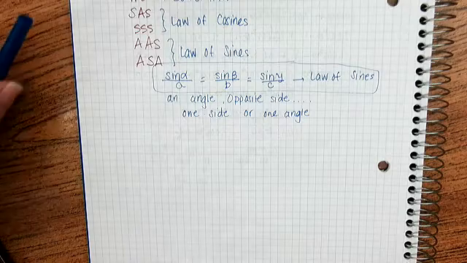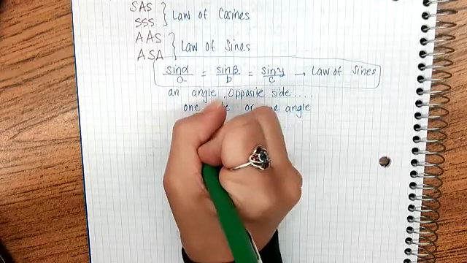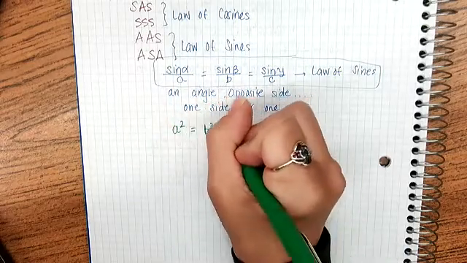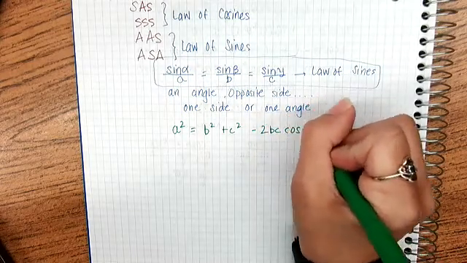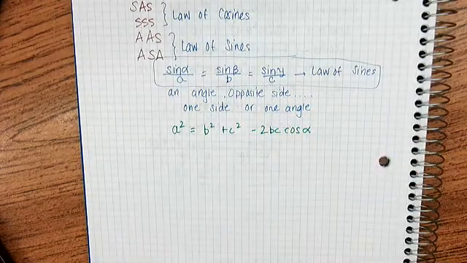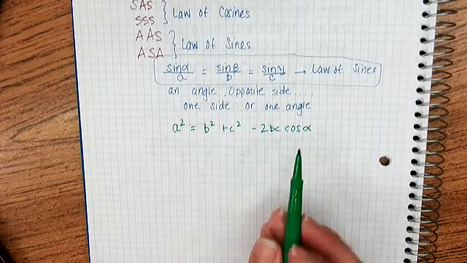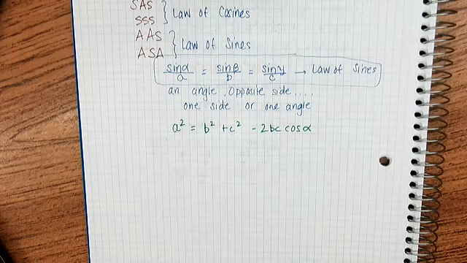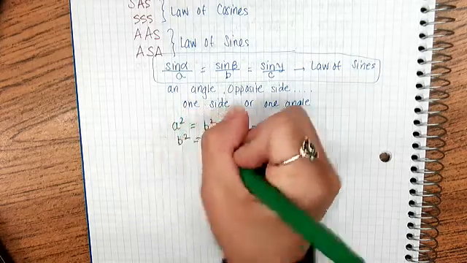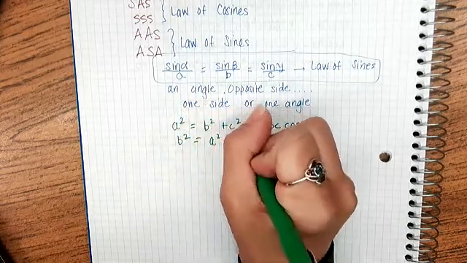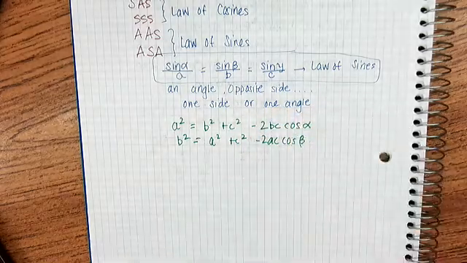The law of cosines says that a squared is equal to b squared plus c squared minus 2bc cosine of alpha. Subtraction, don't forget the 2, and make sure that when you plug into your calculator that you're using cosine and not sine. So there are several variations of this. There's b squared equals a squared plus c squared minus 2ac cosine beta, so on and so forth.